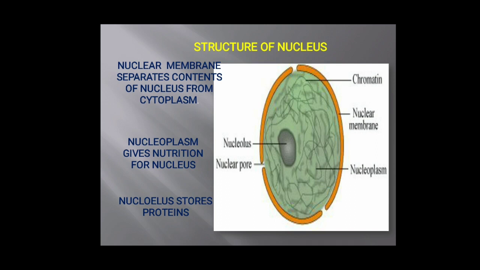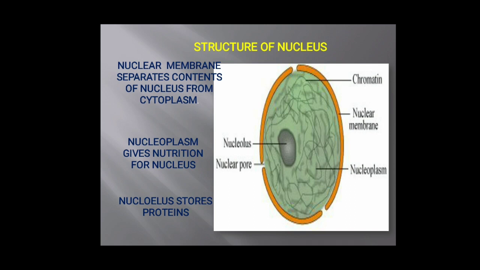The nucleus is surrounded or enclosed by a nuclear membrane, and this nuclear membrane separates the contents of the nucleus from the cytoplasm. And the nucleus contains a liquid, jelly-like portion called nucleoplasm. Here you can see a spot-like structure called nucleolus.